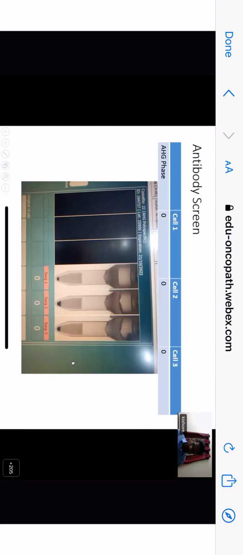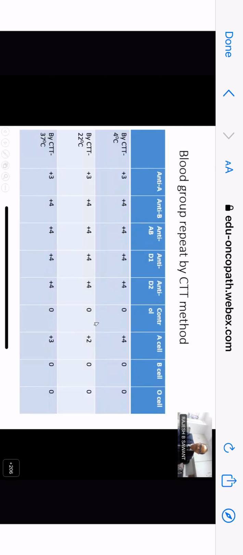Okay. We can do this antibody screening just with our pooled O cells also. Like in the previous slide, we had pooled A cells, B cells, and O cells, right? And also with a more specific, phenotyped 3-cell panel. So this is a more specific screening for antibodies.